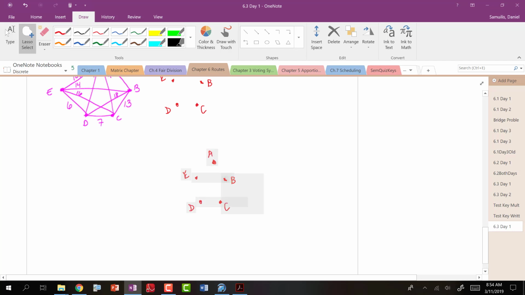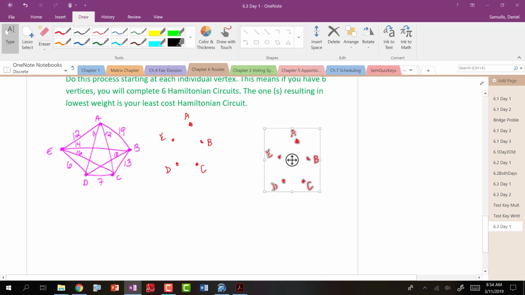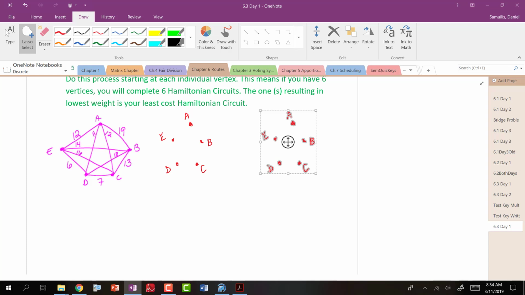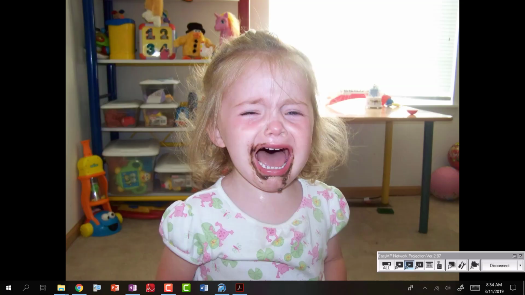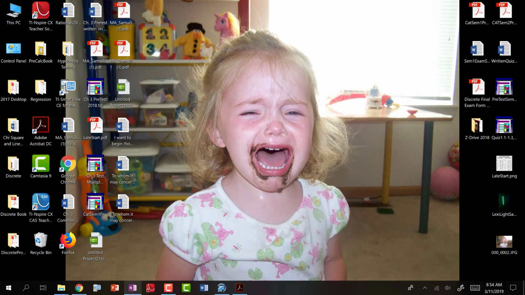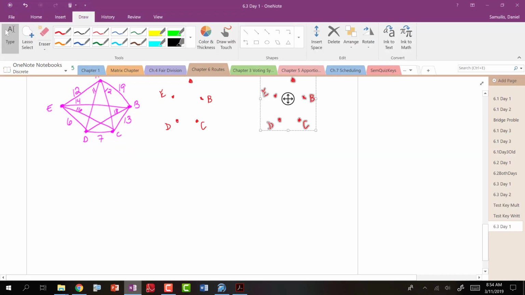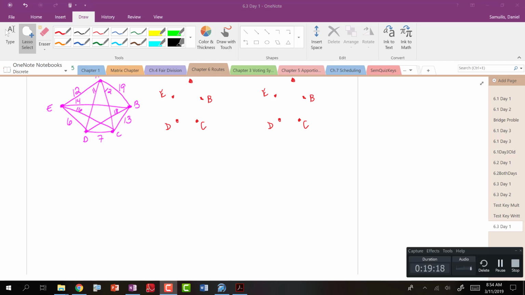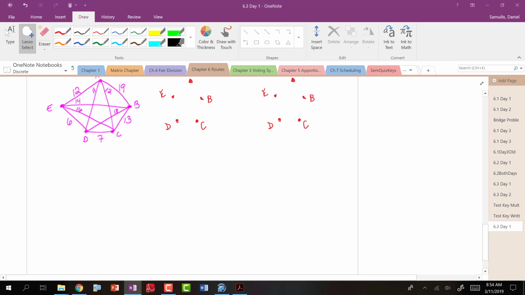How many times am I going to cut and paste this? How many tests were there? 5. So I want to cut and paste this 5 times. Oh, my word. You okay over there? Okay, we'll do this offline. This computer program is the worst. I've been completely betrayed by this program, so we're going to move on.